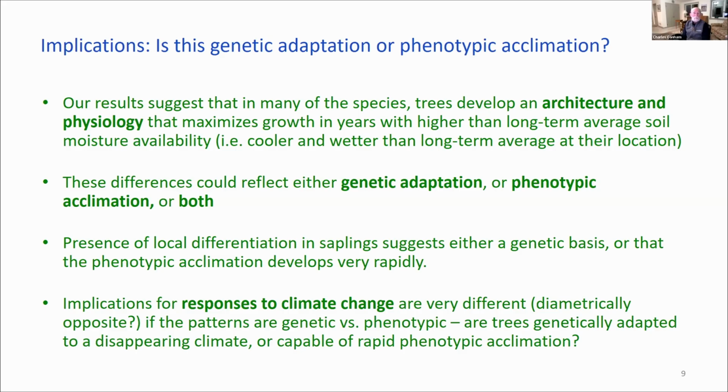And fundamentally, this is probably obvious, but the implications for responses to climate change are just fundamentally different. If the patterns are genetic, these trees adapted to a disappearing climate, or if it's phenotypic, are they capable of very rapid phenotypic acclimation?